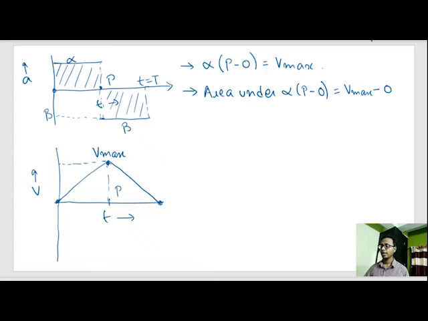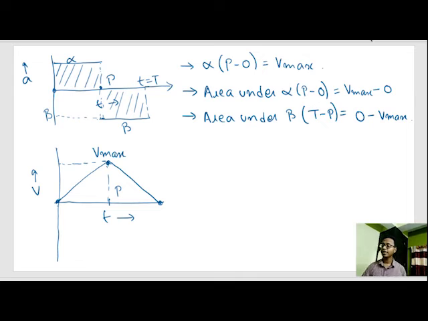Okay, and the area under the beta curve, t minus p, final time minus initial time, is equal to 0 minus Vmax.